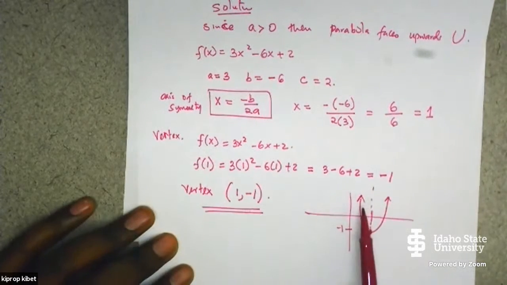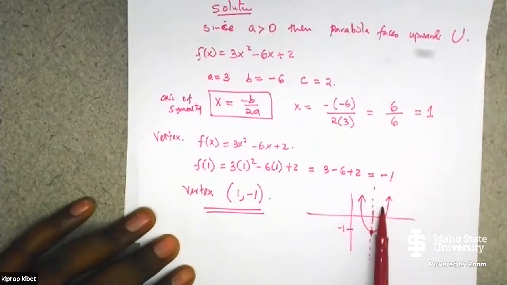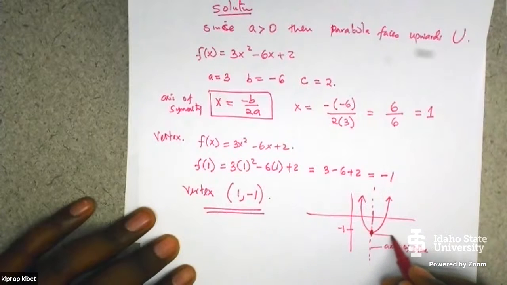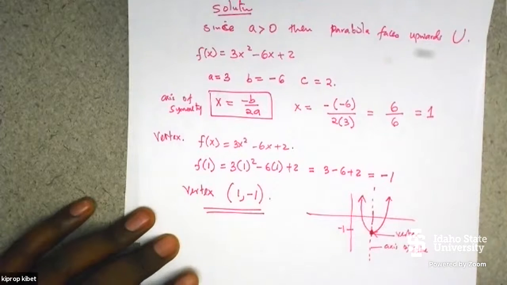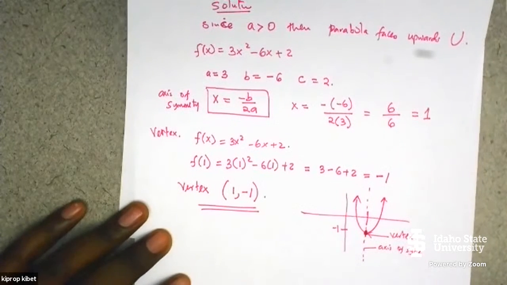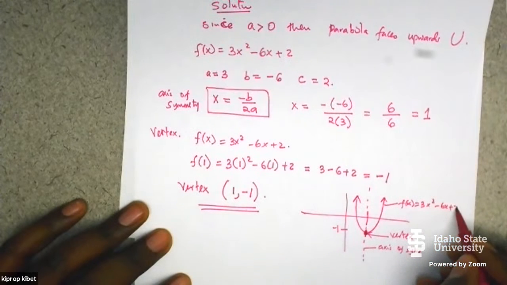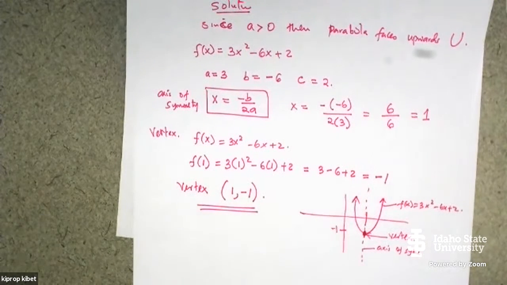This side is symmetric to this side, divided by our axis of symmetry, and this is our vertex. This is f of x equals 3x squared minus 6x plus 2. So that is how we sketch it.